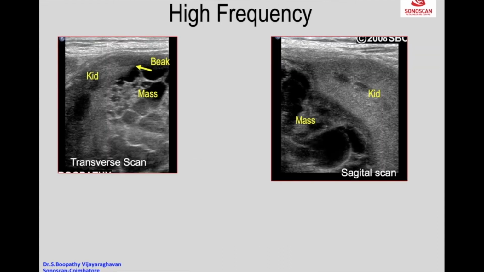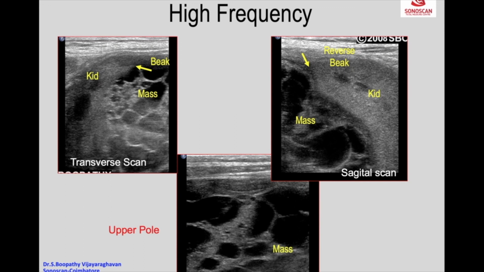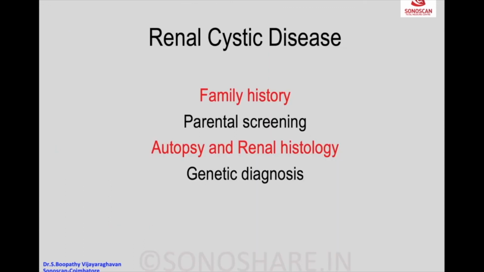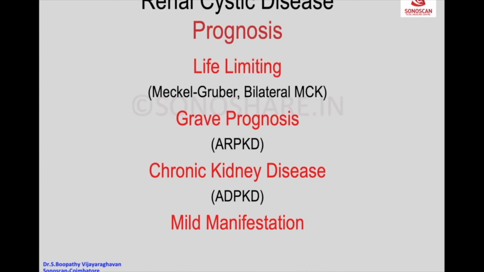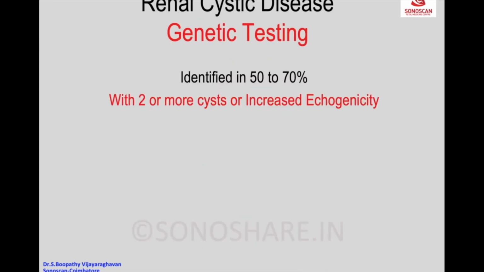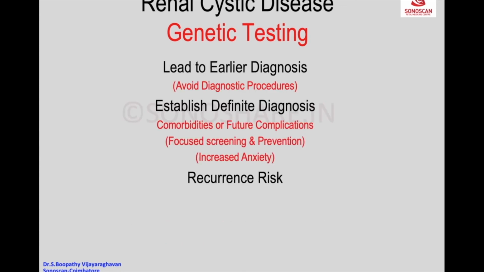Extending below the kidney, you may get a negative beak sign, reverse beak sign, and a genetic diagnosis is necessary in most of the conditions. When a genetic diagnosis is seen in Bardet-Biedl or increased echogenicity, the test gives a disease diagnosis.